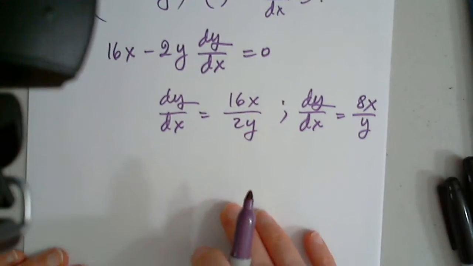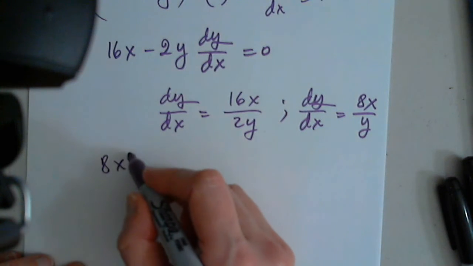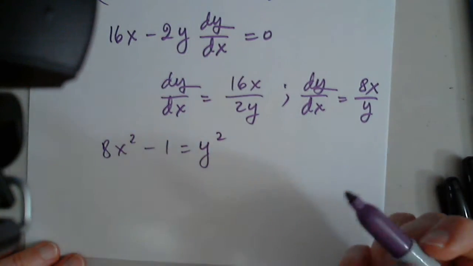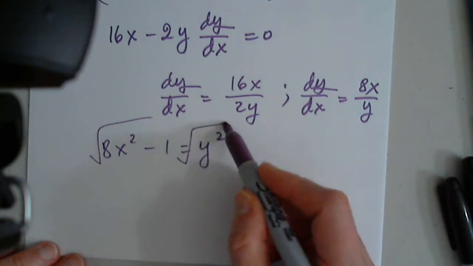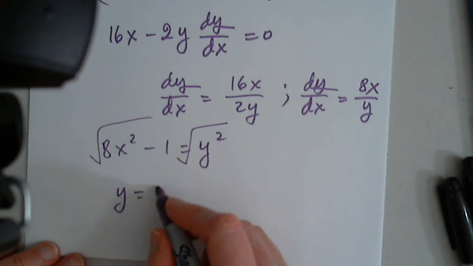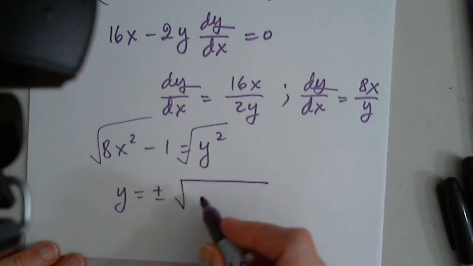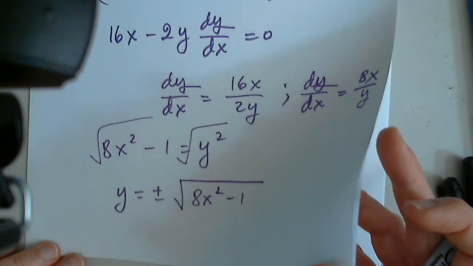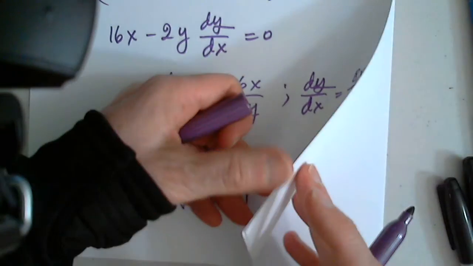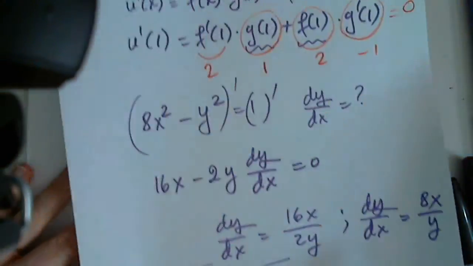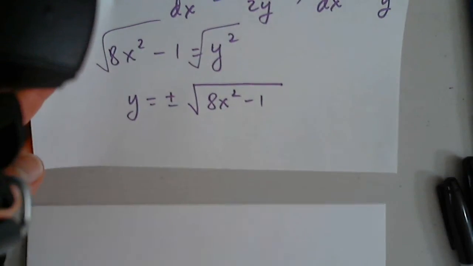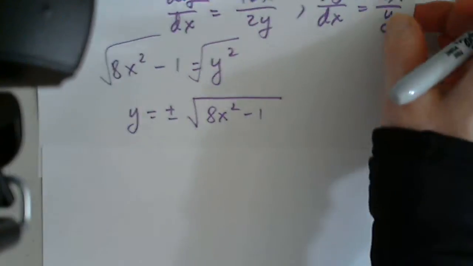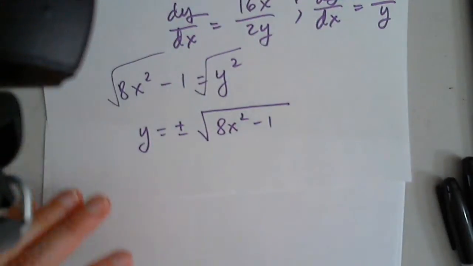So now in order to solve for y, I have 8x squared minus 1 equals y squared. If I want to differentiate, first I have to take the square root. And when I take the square root, this is not a function. I get plus or minus the square root of 8x squared minus 1. So these are two functions, not one. I'm not sure why they are asking you to do that, but we can differentiate. So which page am I on? I think it's 8. Yes, it is 8.